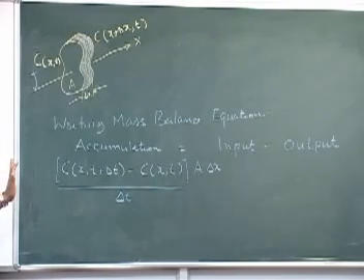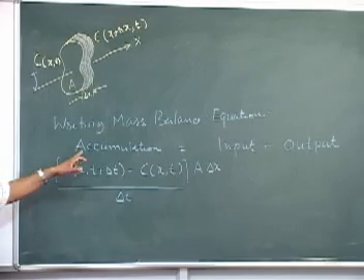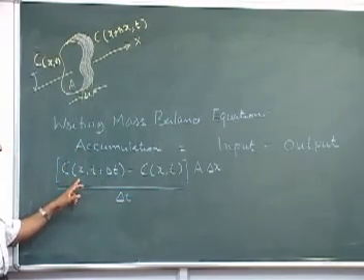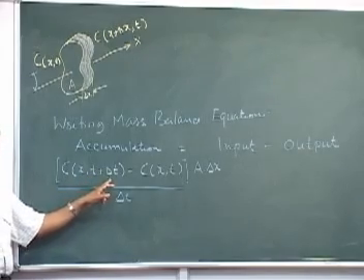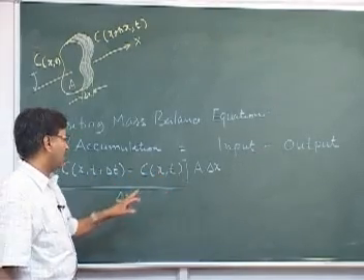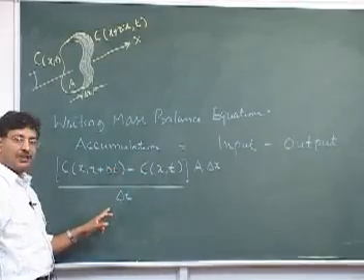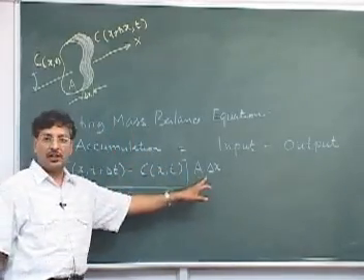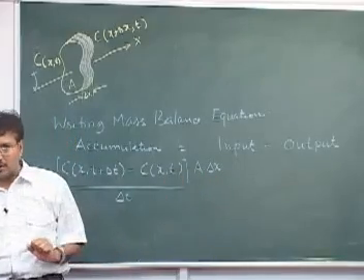This is similar to del C by del t, but we are talking about this strip. The accumulation rate is concentration at t plus delta t minus concentration at t, over delta t. That is concentration per time, but we are interested in mass balance, so area times delta x. Is that all right?